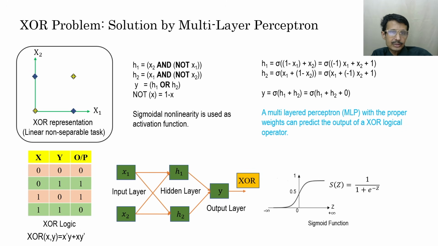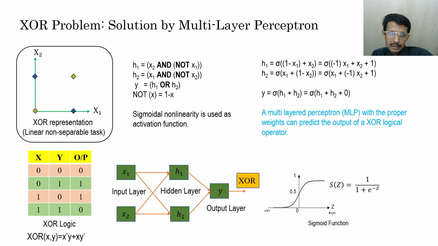In the last lecture, we said that a single layer perceptron cannot solve a problem which is not linearly separable, like the XOR problem.